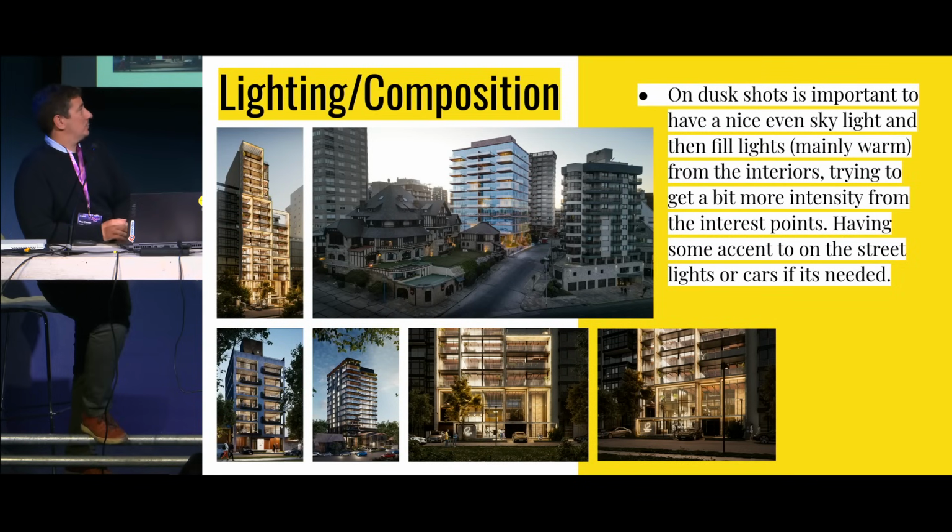For dusk shots, it's a bit the opposite. What you want to show is the light coming from the building as the point of interest. So what we do is use the skylight from the sky texture, and try to put in a bit more blue, having this famous blue-orange contrast, just to make the building and interiors pop.